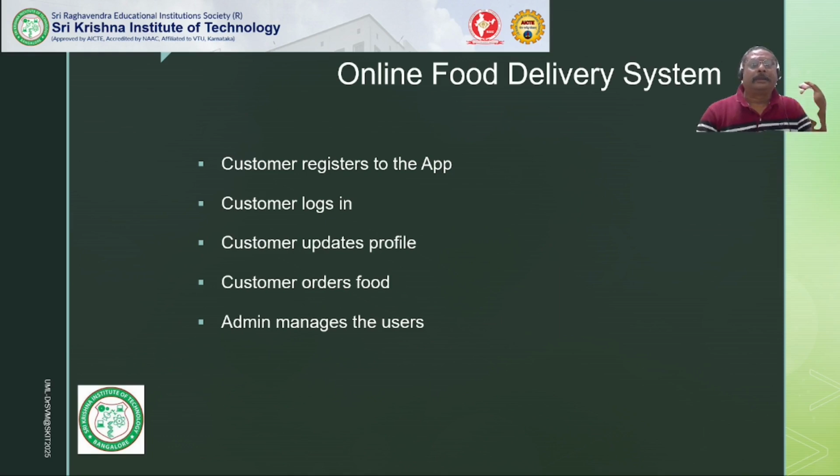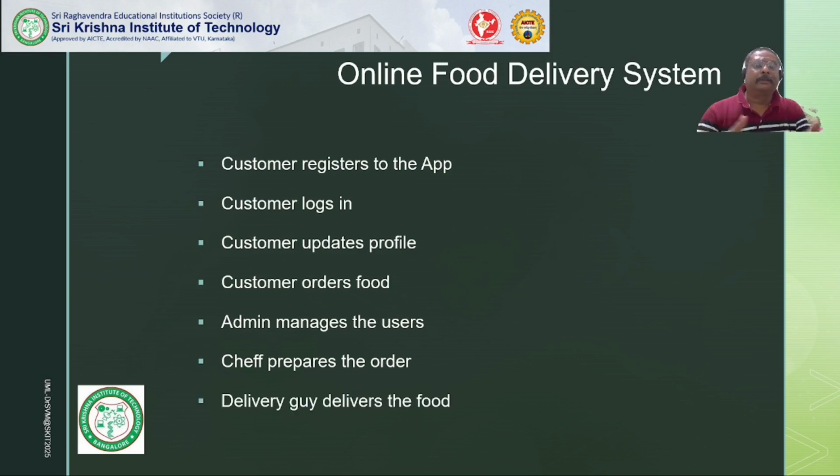The admin can manage the user details, there is a chef who prepares the order, and there is a delivery guy who finally delivers the food from the restaurant to the customer's address.